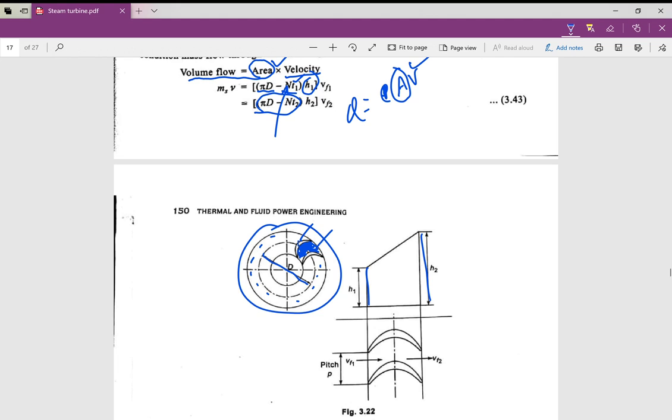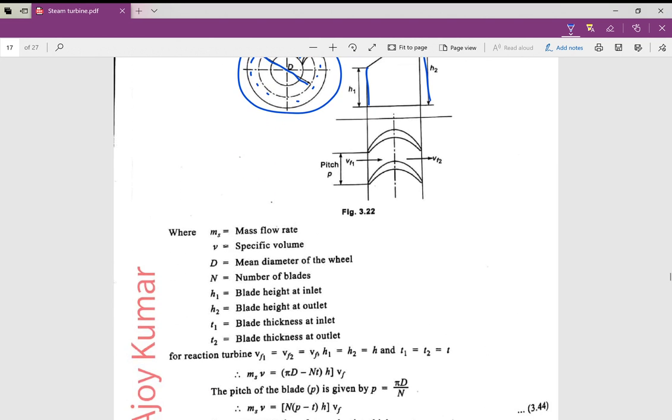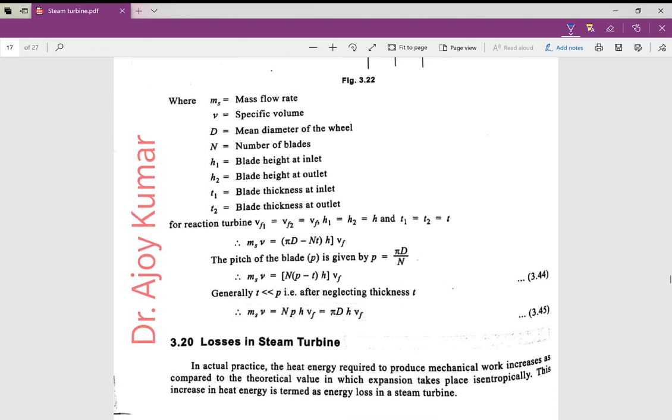For velocity we write Vf1, because Vf1 is called the velocity of flow. So Vf1 at the inlet and Vf2 at the outlet. Now if thickness is neglected, we can take t1 equal to t2, that is t, and we have seen already that in a reaction turbine Vf1 is equal to Vf2, that is Vf.